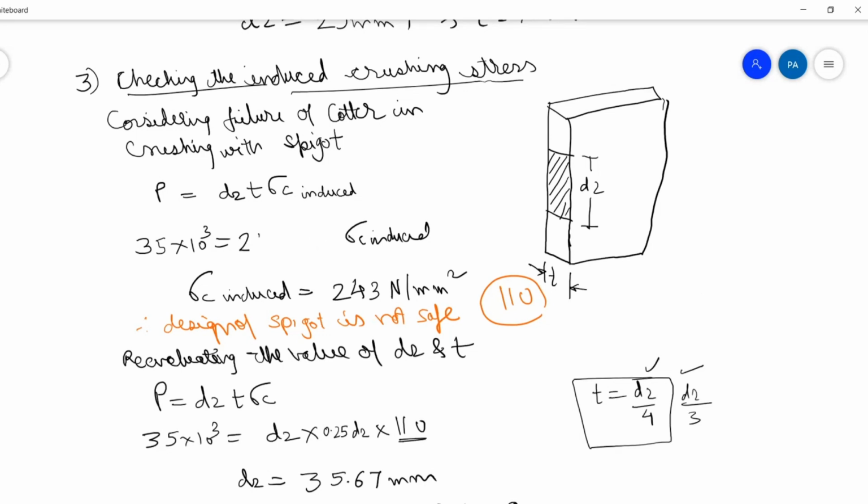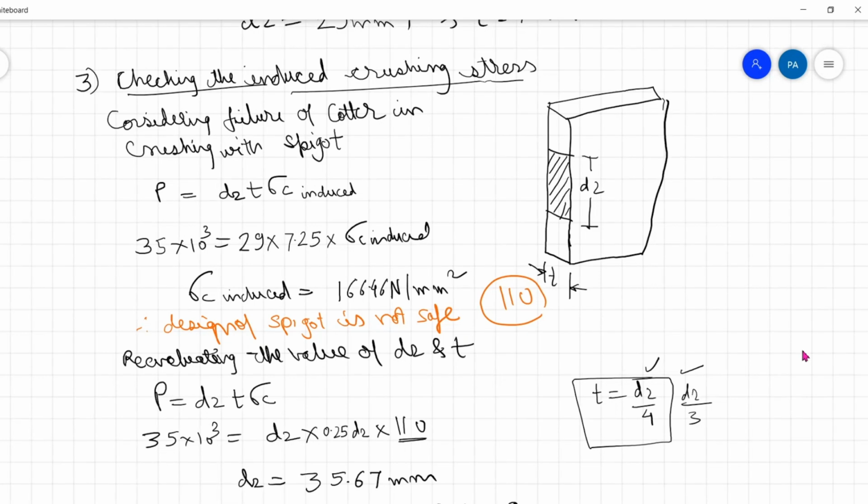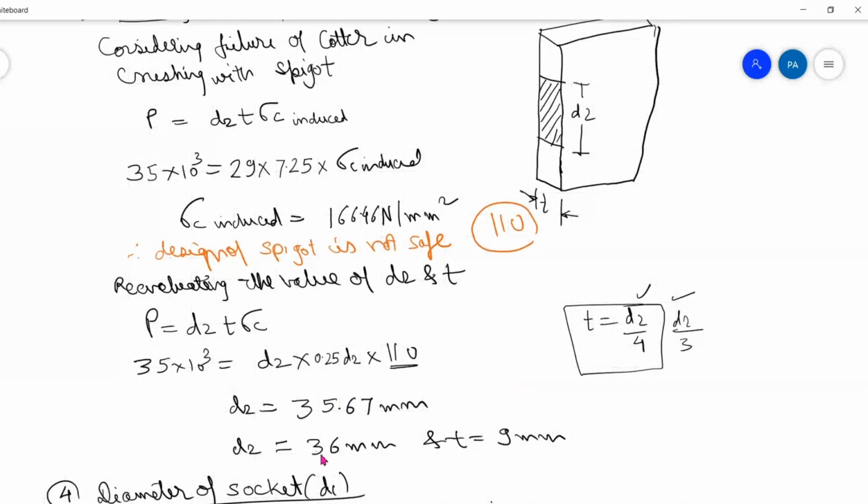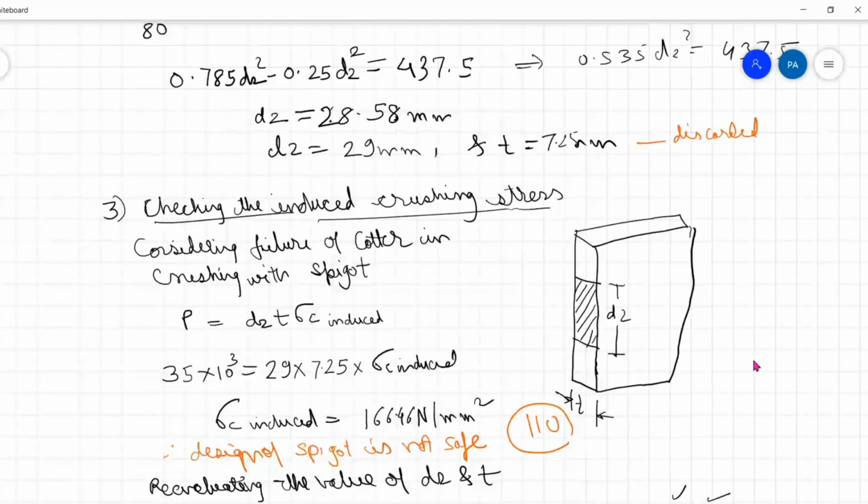This is 29 into 7.25 into this. So what is the induced stress sigma C? 166.46. Okay. Still it is more than this. It's greater than permissible. So this is correct now. D2 should be 36 mm.